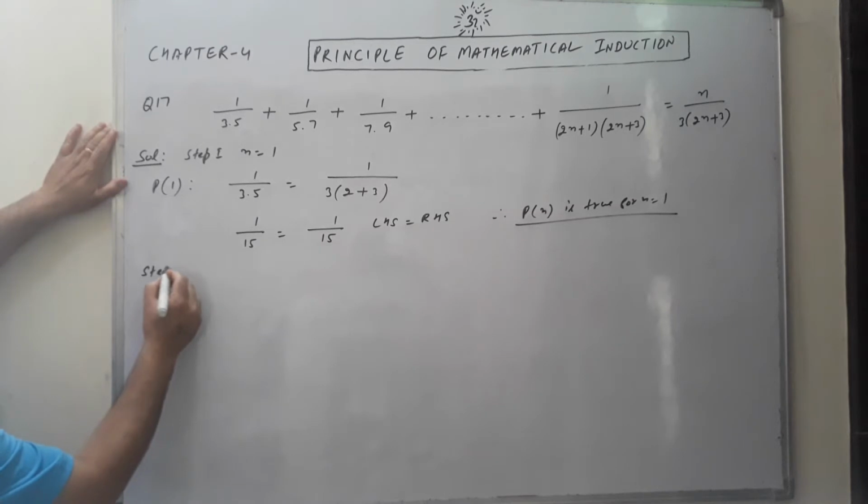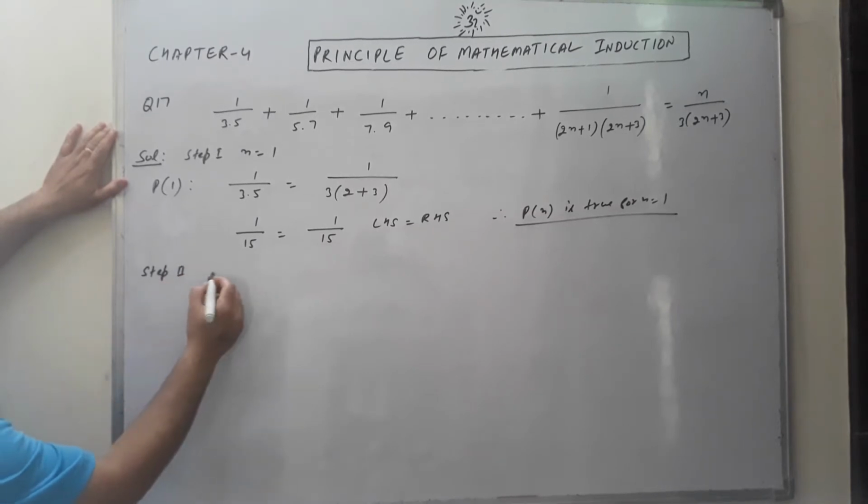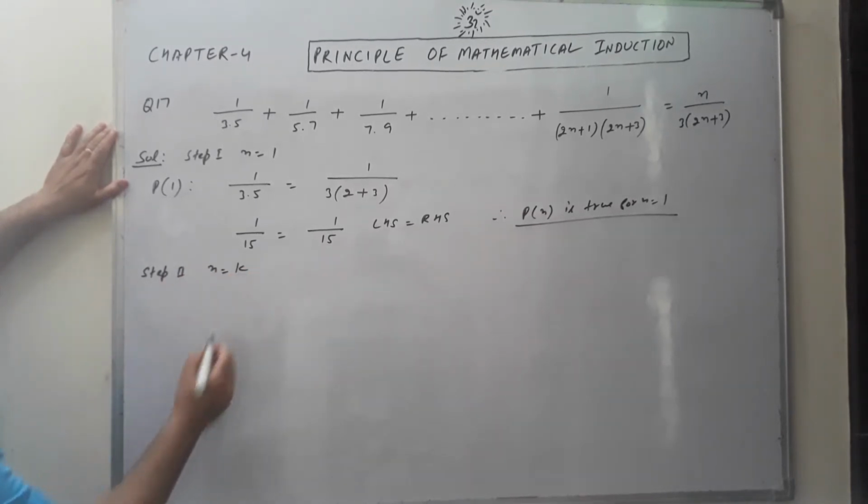Come with step number 2, that is n is equal to k.